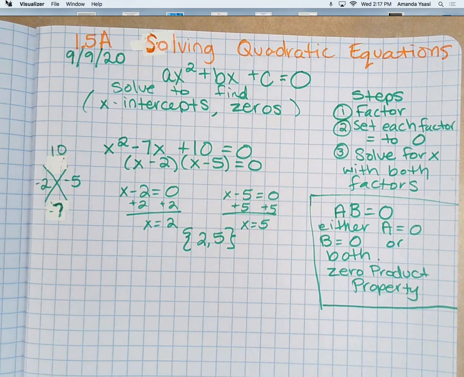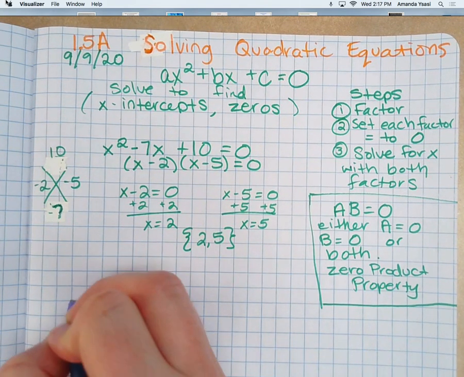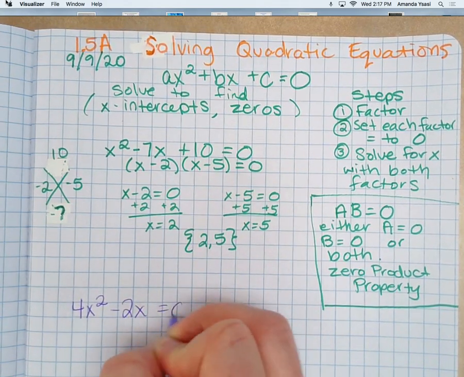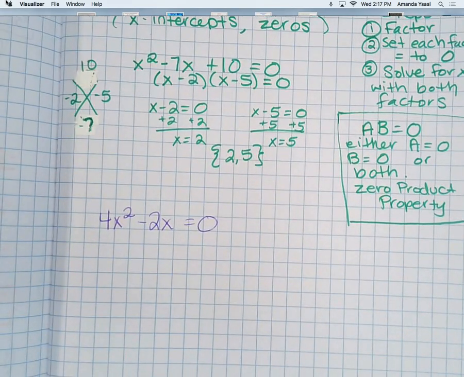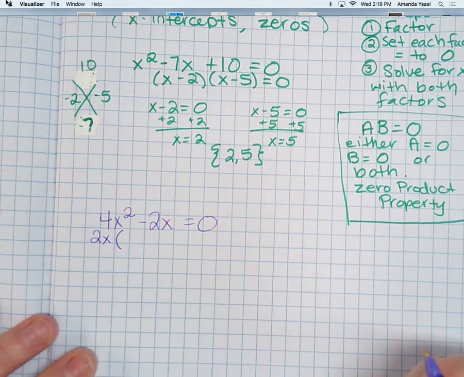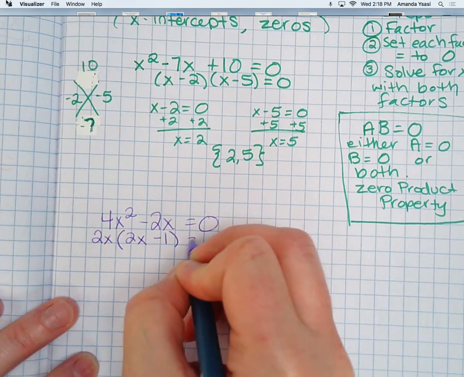Okay, so let's do another example. We have 4x squared minus 2x equals 0. So we can factor this. What can we factor out? 2x. So then that leaves 2x minus 1 inside.